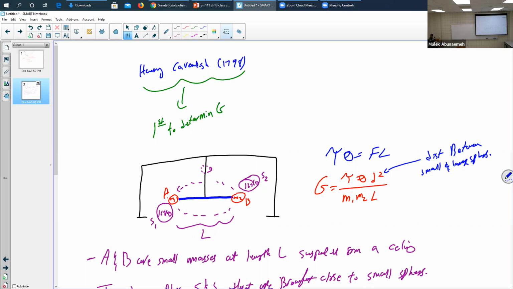Now, the number that he got, and I'm not going to get into the whole math of this, was 6.74 times 10 to the negative 11 Newton meter squared per kilogram squared.